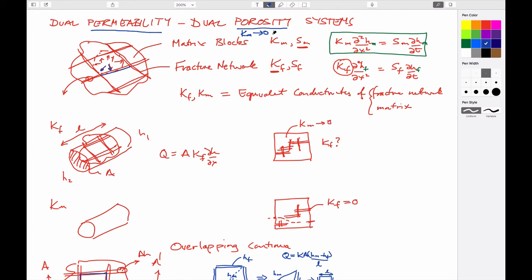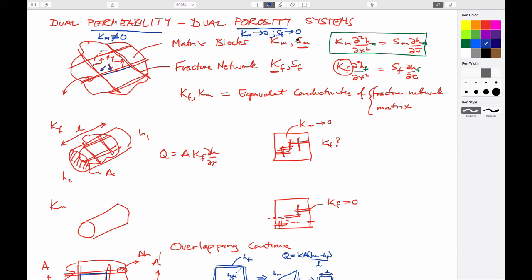And also, typically, the storage in the fractures is also ignored. And so, in other words, it includes only flow that occurs from the center of this block into the fracture and then out. Dual permeability systems include the case where the matrix permeability is not equal to 0.